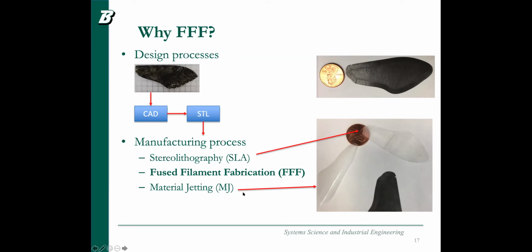So we also tried some material jetting. We used a very advanced machine from Stratasys, the Connex 500. It's a very expensive machine, but it didn't come out very well, because the resin automatically became its own curvature without any control.